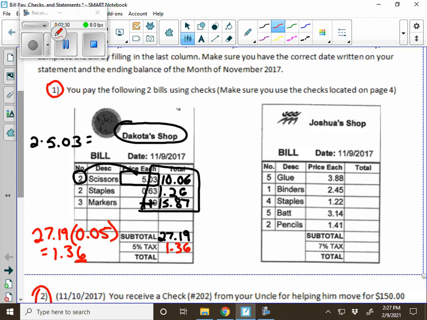If the place behind this is 5 or greater, we round up. Now, tax is an addition, so we take the $27.19 plus the $1.36, and we get a total of $28.55. So we're going to write a check on this for $28.55.